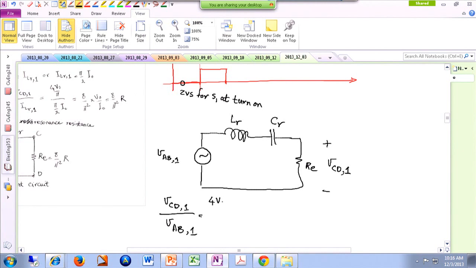First of all, I know by approximation, this is 4V out over pi, and this is 2V in over pi. All right. But by looking at my network now, I can argue that I have a resistive division or an impedance division. So it's RE divided by the magnitude of this impedance.